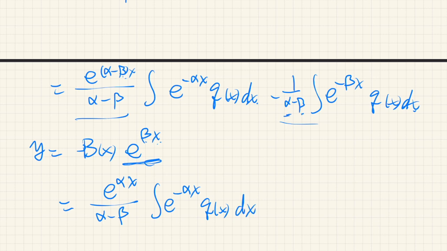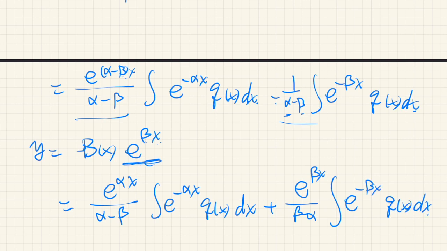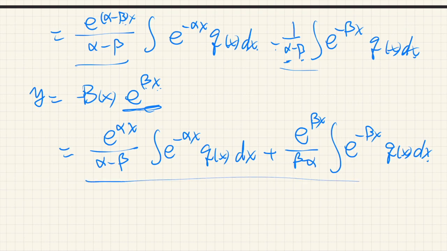Let's swap this order so that we can cancel this negative sign here, and multiply by this beta minus alpha, and q of x dx. So this is the special solution of that differential equation.